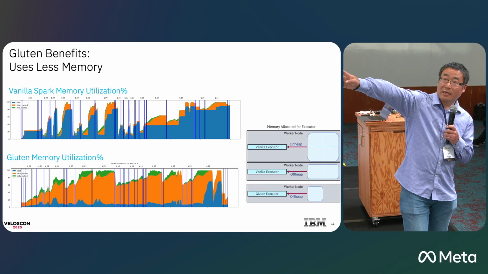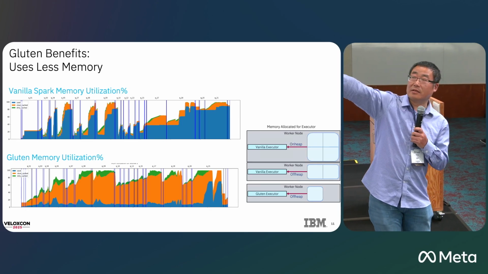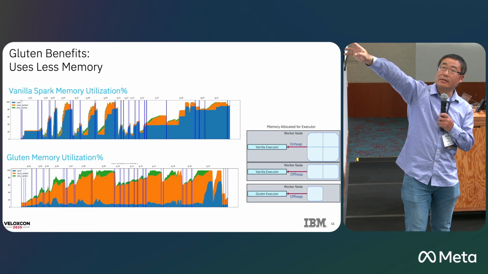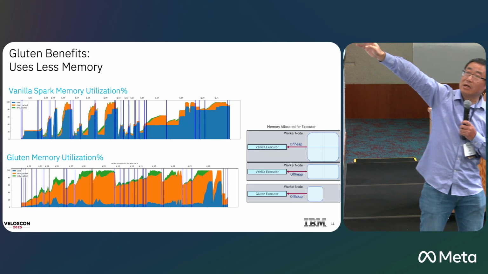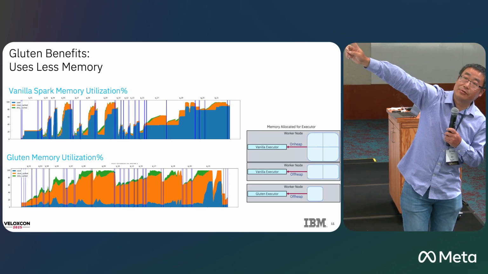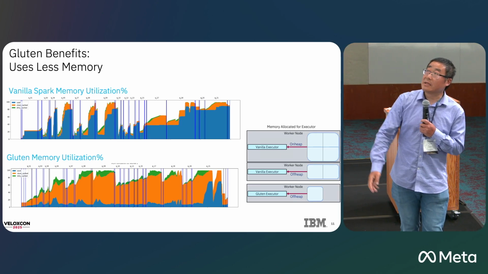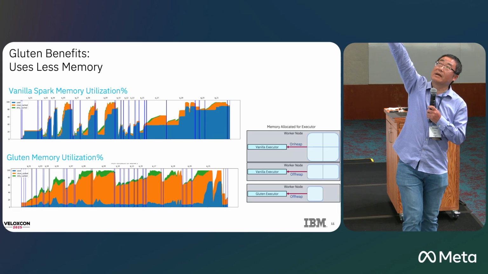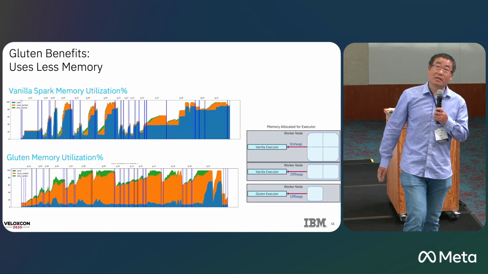But in Gluten, it's under 20%. Only on Q21 is the memory close to 80%, but no spill is triggered. In vanilla Spark it's also 80%, but it has already triggered a spill.